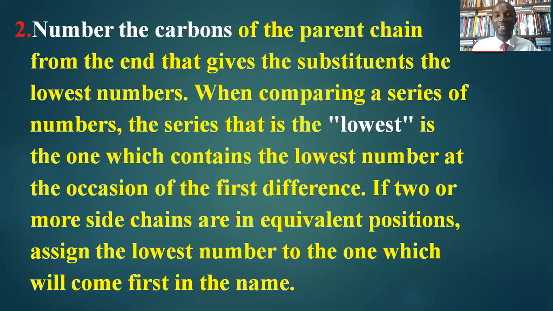Because you have 2 ends, one extreme and the other extreme, but start number 1 from the side where the substituents will have the lowest possible numbering. So that is what you need to do. If 2 or more side chains are in equivalent positions, assign the lowest number to the one which will come first in the name. That is rule number 3 now.